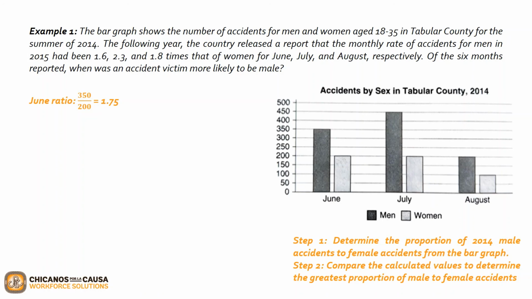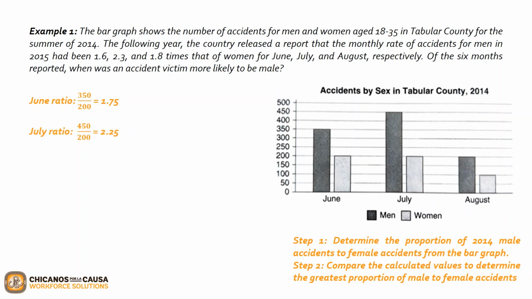So if we're looking at June, we can see that men had 350 accidents and women had 200 accidents. So in ratio format, we're going to divide 350 by 200, which gives us 1.75. For July, men had 450 accidents in comparison to the 200 experienced by women.